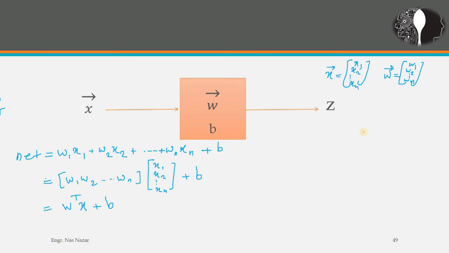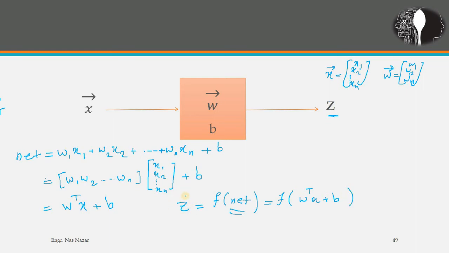And our output, which is z here, we can now write as z equals f of net. And here this net signal would be f of w transpose x plus b.